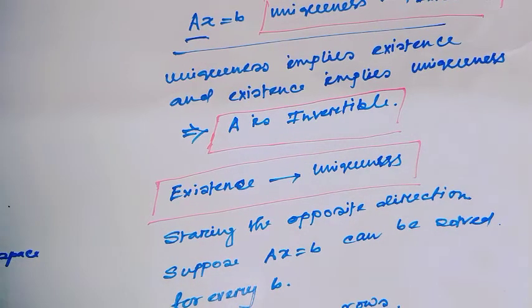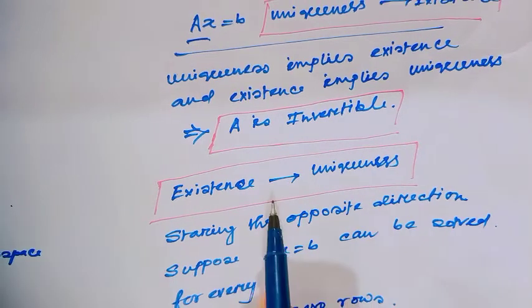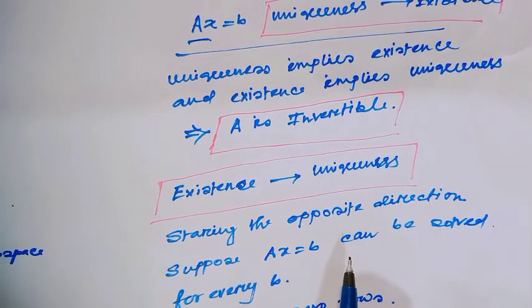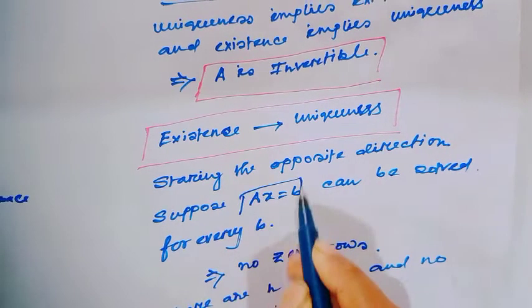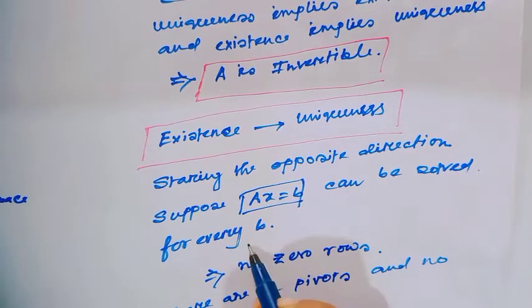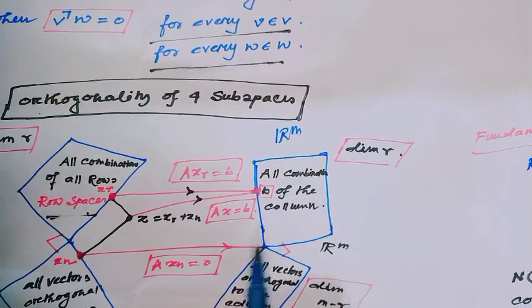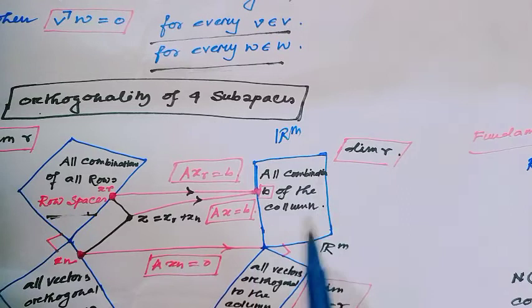Also, in the opposite way, existence implies uniqueness. The opposite direction is of this type. Suppose Ax equal to b can be solved for every b. That means this is the picture: Ax equal to b is solved for every b.